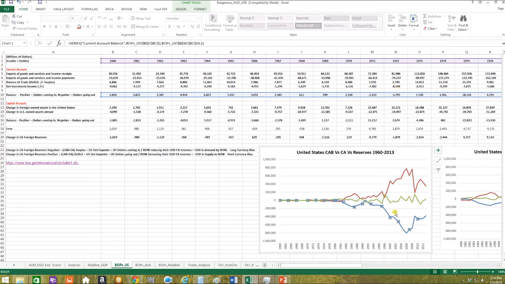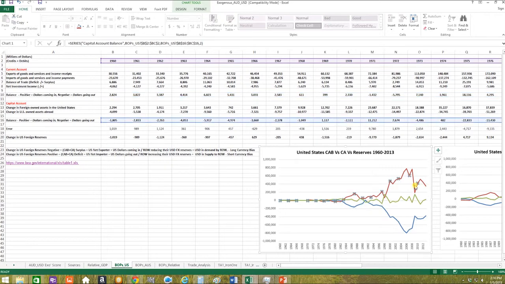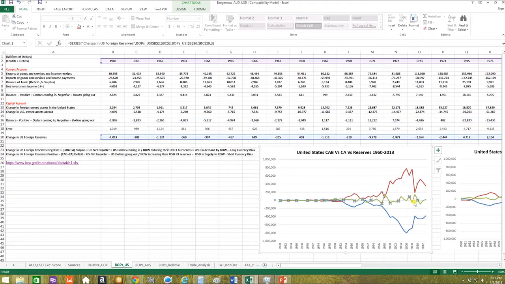And if you click on the capital account balance, it's in row 16. And the balancing item is basically the inverse of the error. So it's the error inverse and has to be added back in.